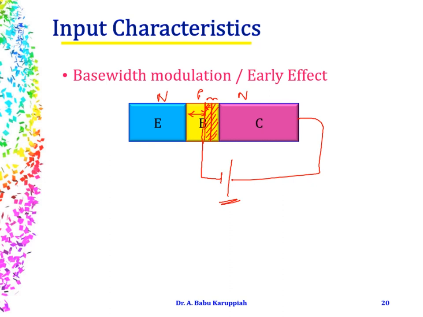The variation of the effective base width by the collector voltage is known as base width modulation. You vary the effective base width by changing the collector voltage. You modulate the effective base width by changing the collector voltage, and this is what is called base width modulation or early effect.